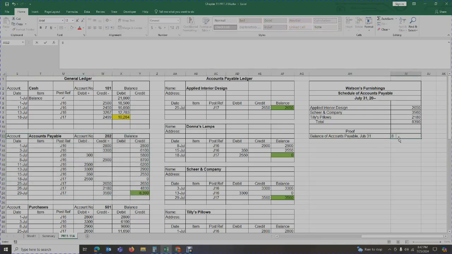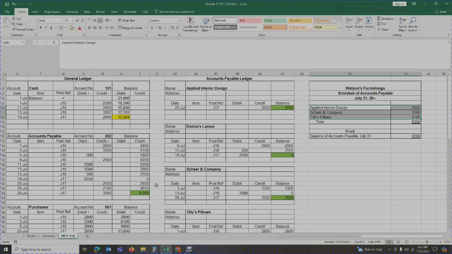And we have $8,390. So we're proving that those numbers equal, okay? And they do. So that means that my balance on my accounts payable ledger, which is $8,390, is comprised of my balance to these three different vendors, to Applied Interior, to Shear & Company, and to Tilly's Pillows.